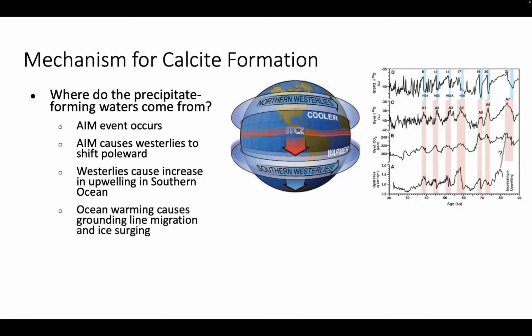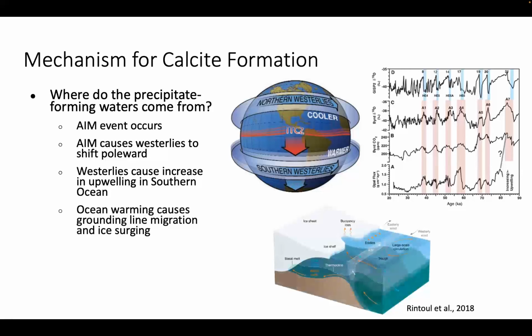Ocean warming then causes grounding line migration and ice surging. You can see in this schematic the upwelling of the warm water from the circumpolar deep water, which undercuts the ice sheet, causing the grounding line to migrate. That in turn causes ice surging at the outlet glaciers.